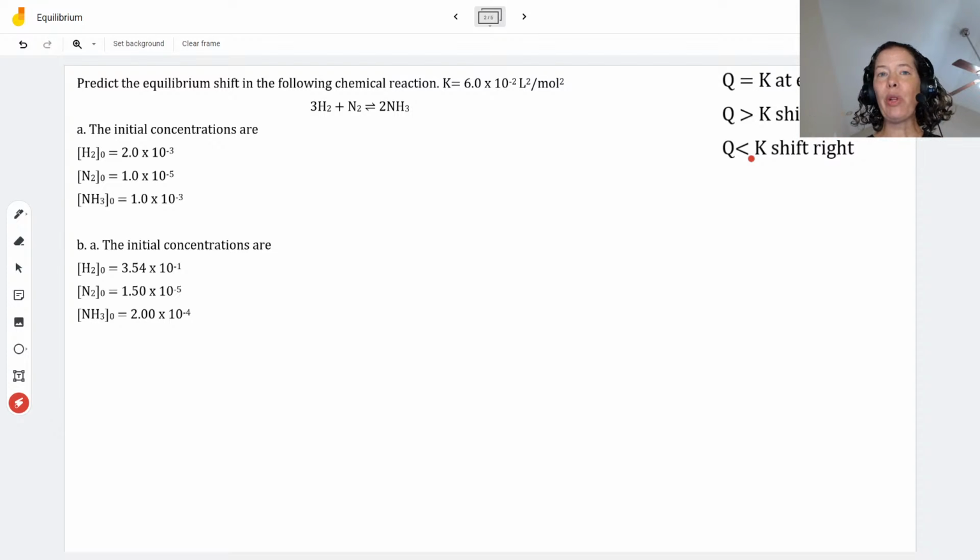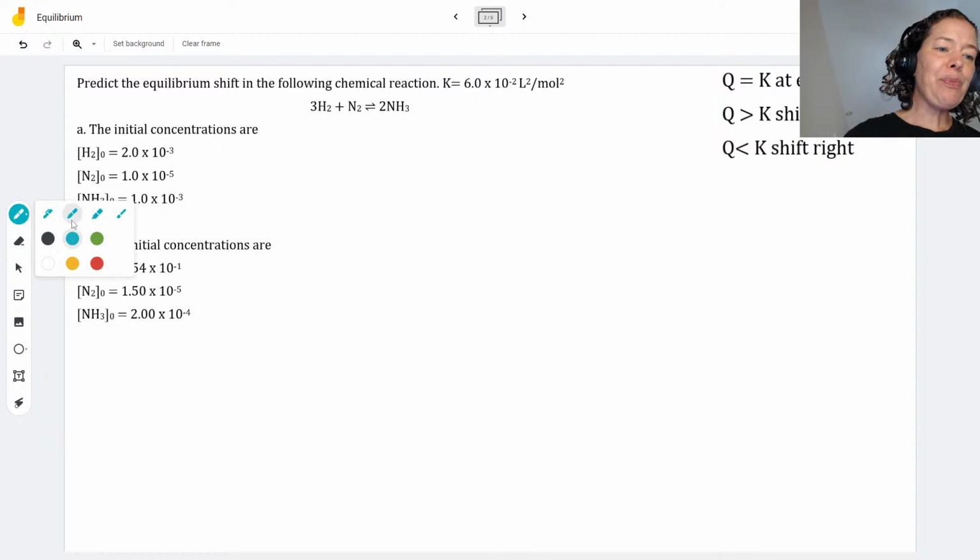So the first couple of calculations that I want to do is we are given K, we are going to calculate Q, and we're going to determine first if the equilibrium is going to shift and also which way it is going to shift. So I hope that is clear as mud, I guess I would say.